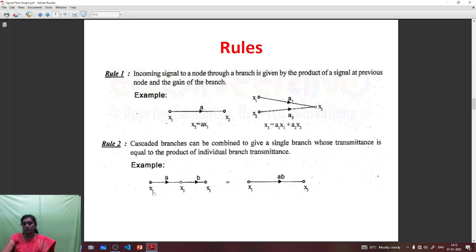The input is x1 and here x2. So combinedly we can take it like this. You can multiply the gain present in the two branches, so that it will give A into B. So x1 is the input node and x3 is the output node. It can be connected through a branch which is having a gain of AB. This is rule 2.